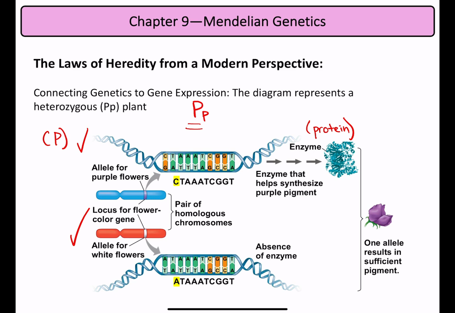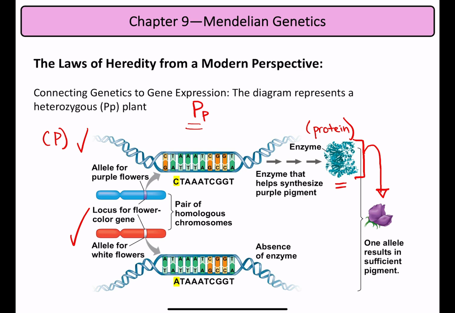Okay? So if you have this enzyme, it's going to do its thing. It's going to deposit purple coloration into the petals. And this individual, right, they have one version, one allele that codes for this enzyme. It works. The enzyme's the right shape.